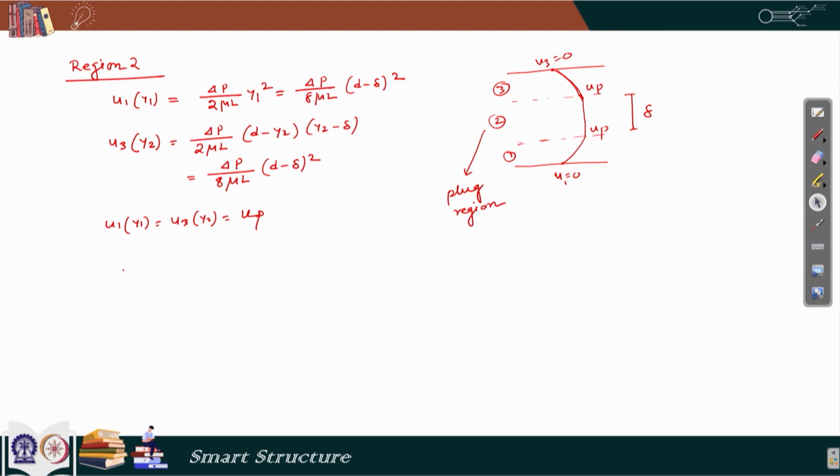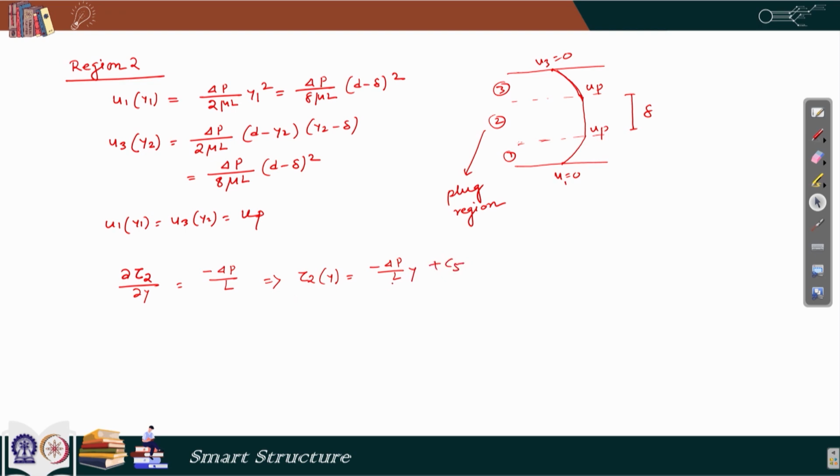Now, we know that we have ∂τ2/∂y is equal to minus ΔP by L, that is the differential equation in terms of the shear, and τ2 is the shear stress in region 2. So, if we solve the equation, that gives me τ2 as a function of y is minus ΔP by L into y plus C5.